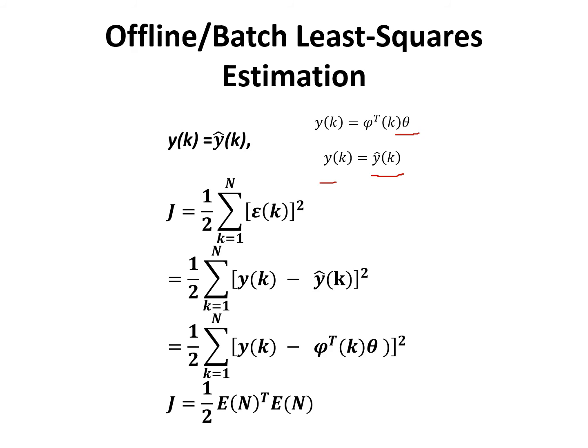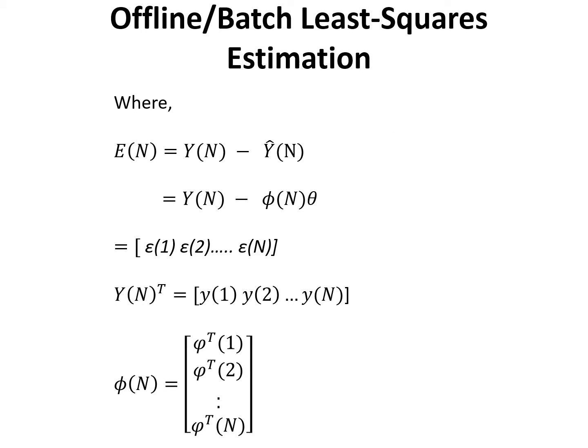This is done by minimizing this equation, where n is the total number of data available for estimation, and En is equal to Yn minus Y hat n equal to Yn minus Phi n theta.